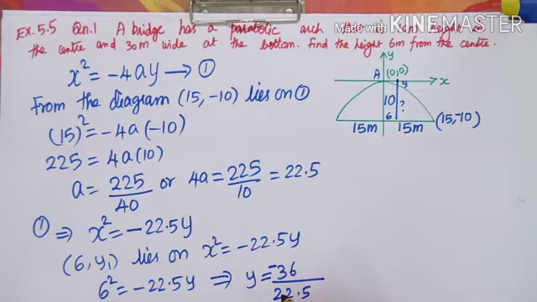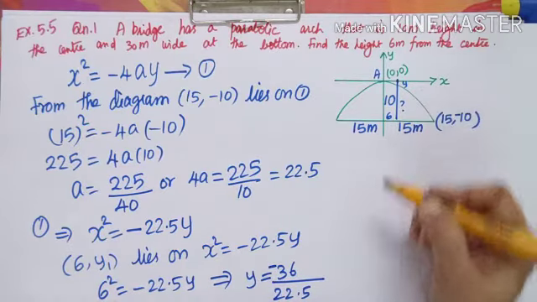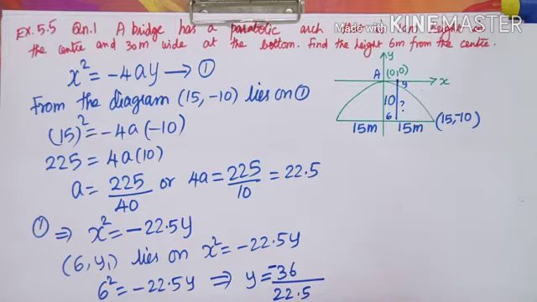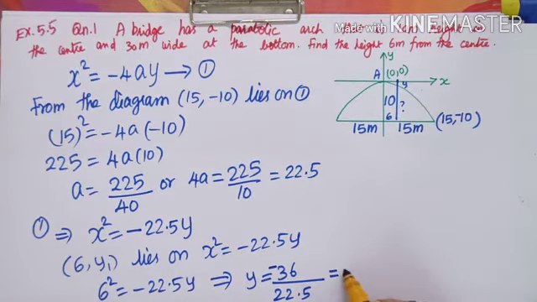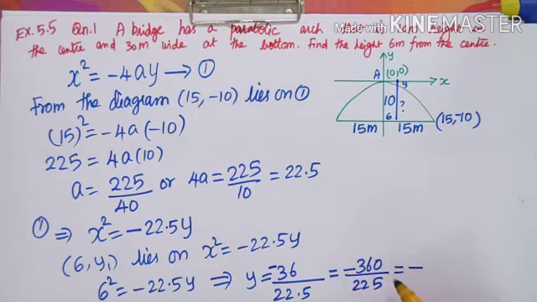The negative symbol tells me it is below the x-axis. Divide and write the answer: minus 360 by 225, multiplying up and down by 10 and simplifying by the 6 table, 5 table, 3 table, we get the answer minus 1.6.